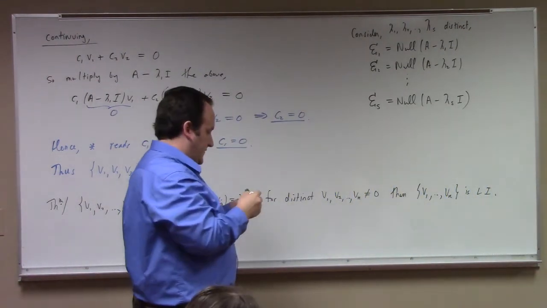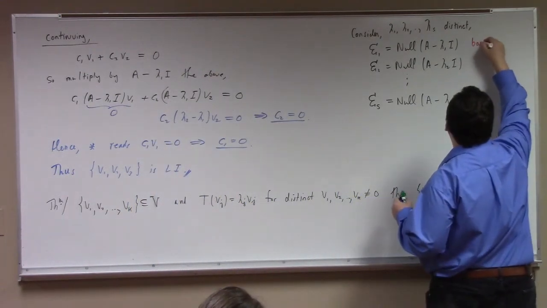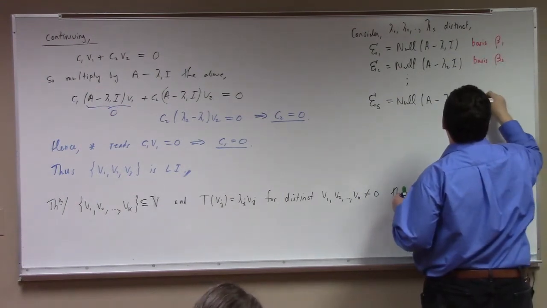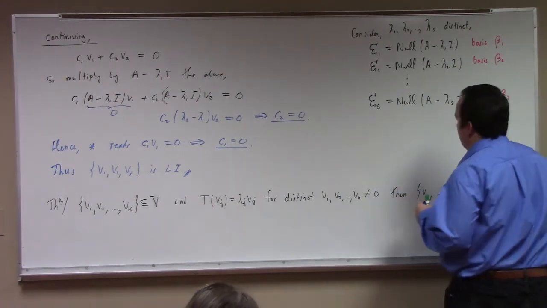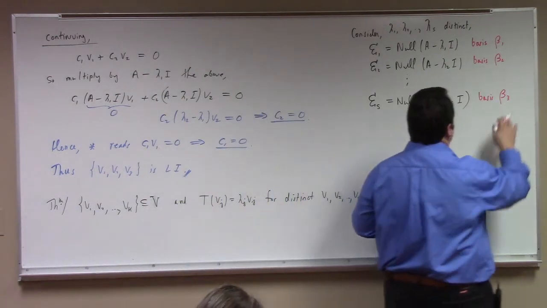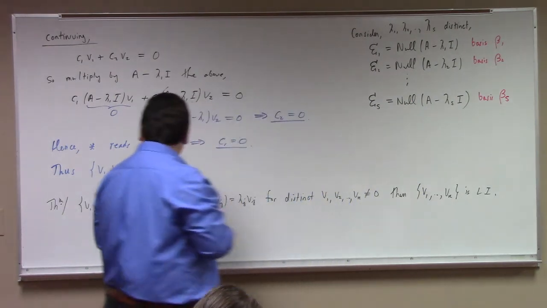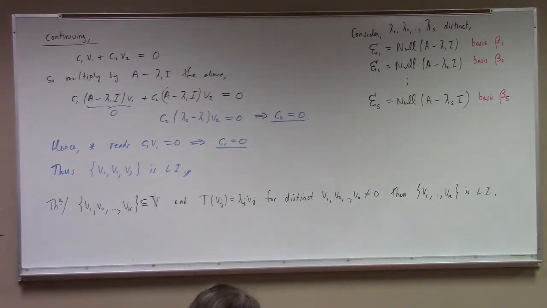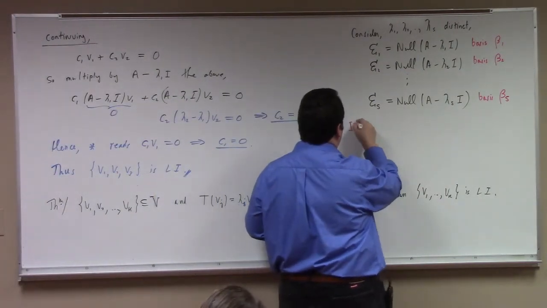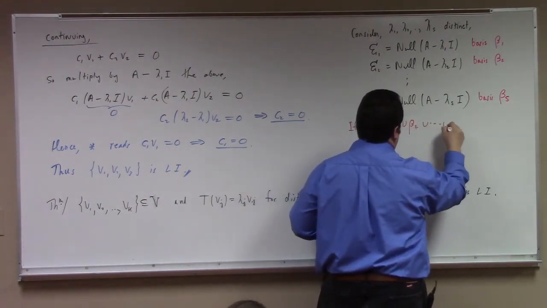Think about what happens if you have a basis beta 1 for this one, a basis beta 2 for this one, a basis beta 3 for this one, and so on up to beta s. I think that the theorem that I've just proved for the case 3, you can start to see if we use beta as beta 1 union beta 2 union beta s.